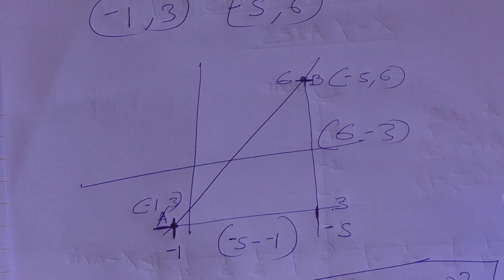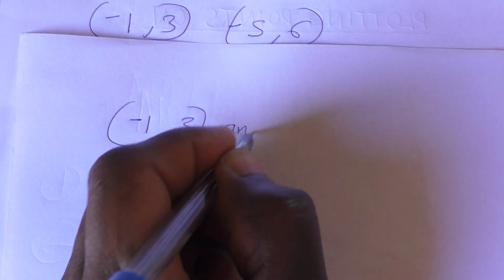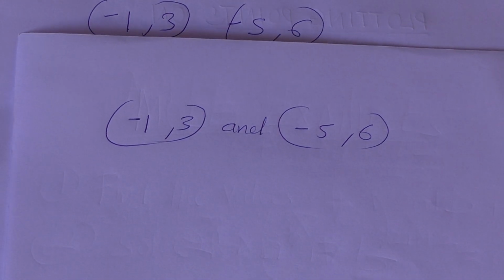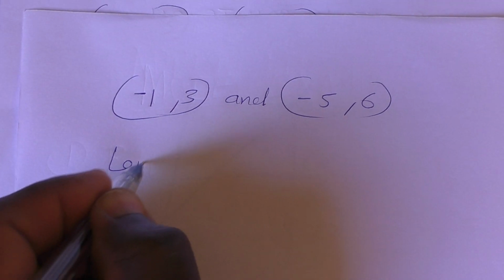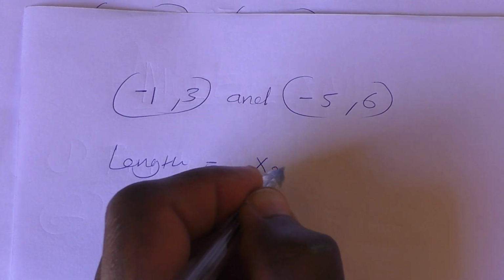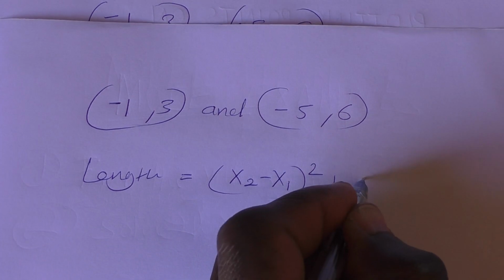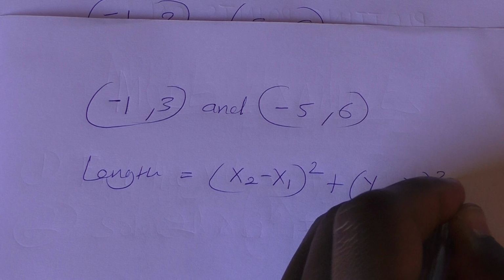Or we can do it in a simple way, whereby if we have 2 points, that is negative 1, 3, and negative 5, 6. Since we've seen that the length is given by the square root of x2 minus x1 squared plus y2 minus y1 squared.